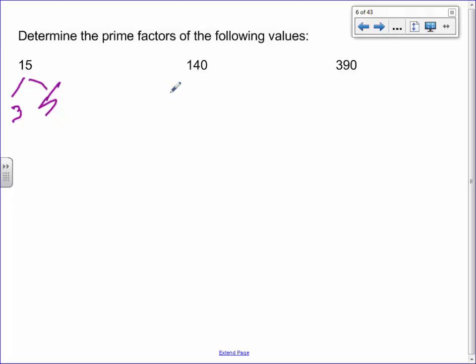Okay, so 140. Using your divisibility rules, what's a good way to break this down to start with? And why did you come up with that, Jordy? Why 10? Because it ends with a 0. Good, it ends with a 0. So we can break that down real quick into 10 and 14. 10 will break down into 2 and 5.